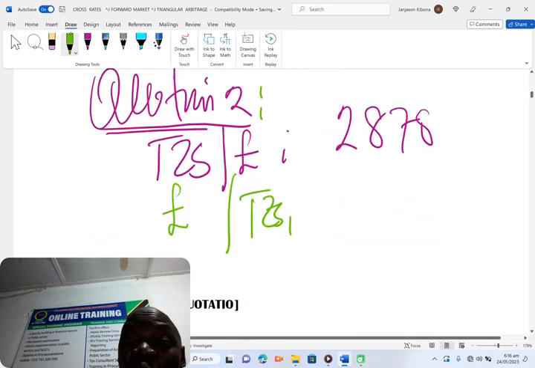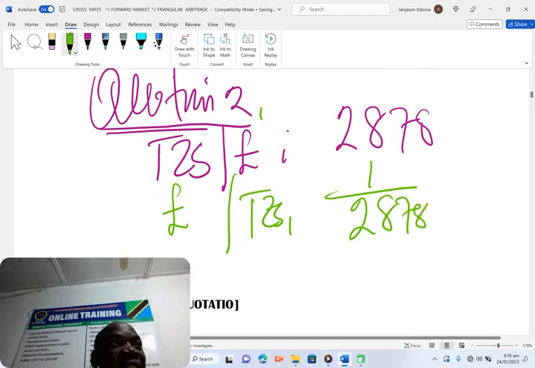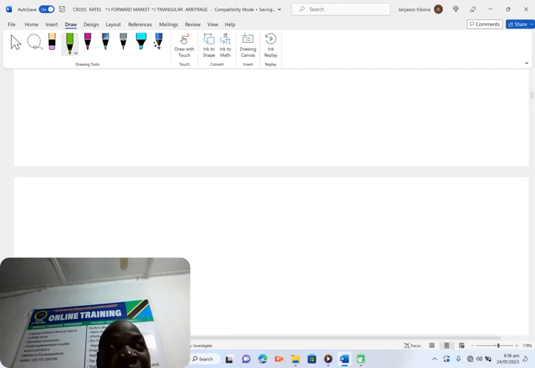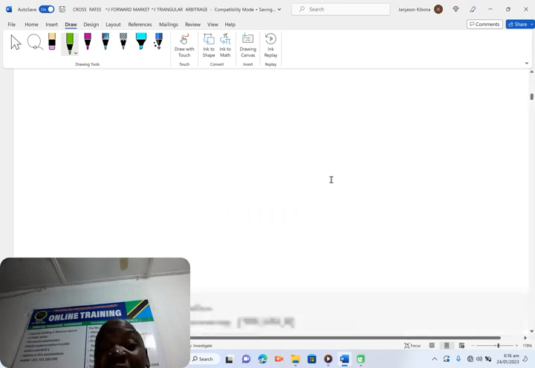Again, this is 1 over 28.78. Am I clear? Now, what is happening in the reciprocal? It is like mathematics, but this is not mathematics. This is very technical in forex.